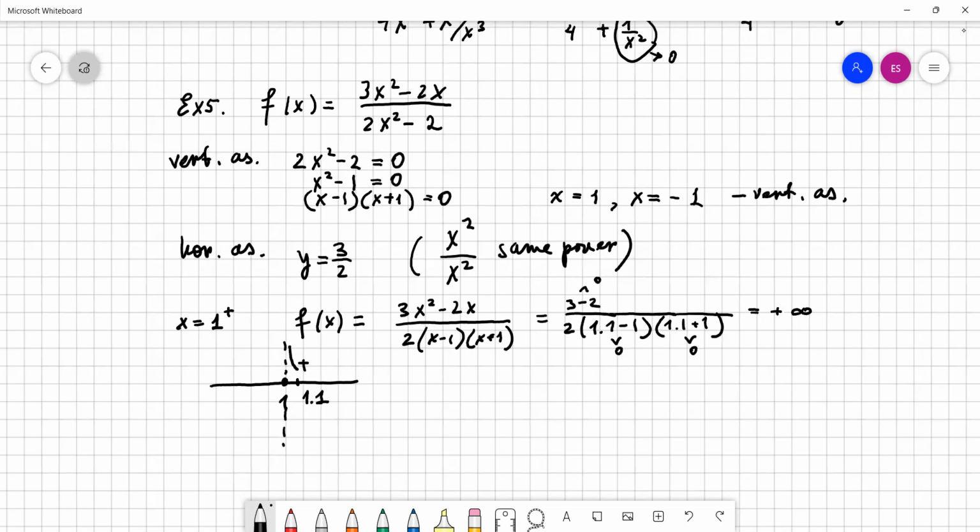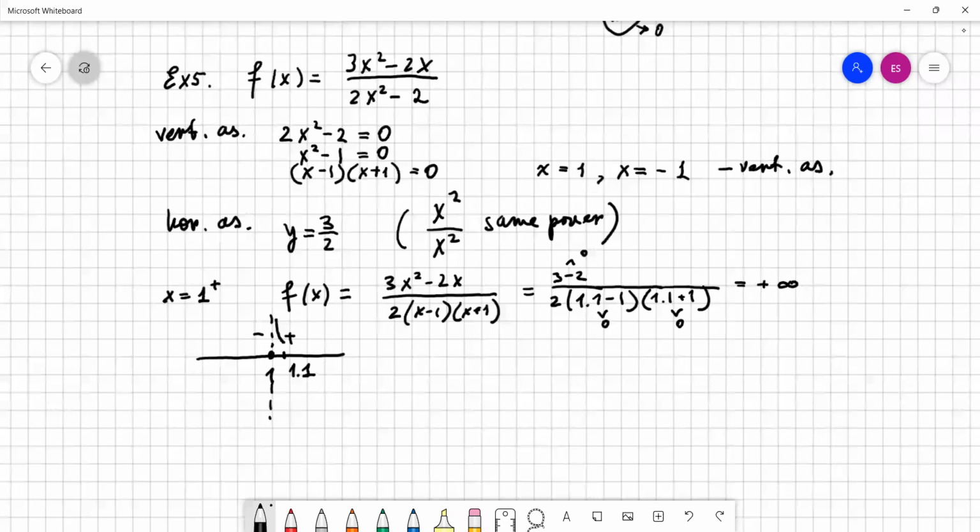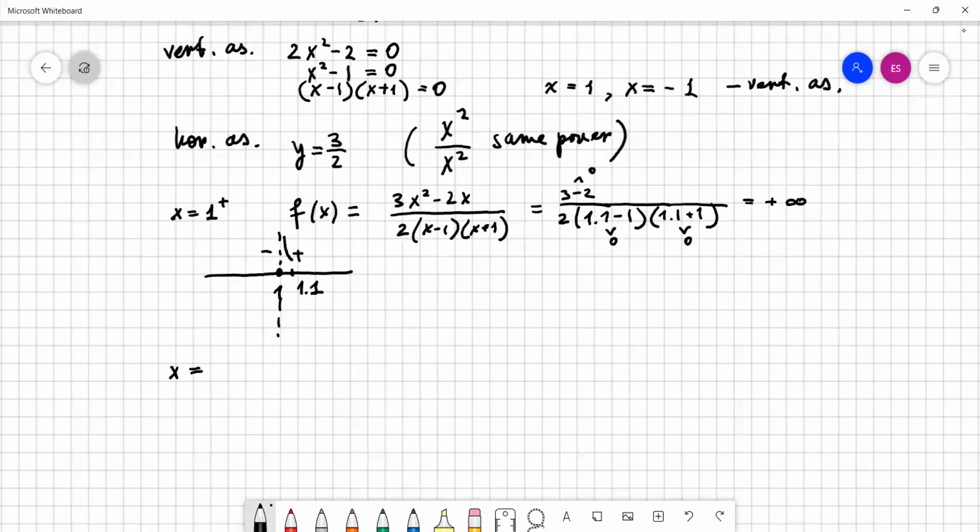Now I'm going to check 1 on this side. So x will approach 1 minus. Well, the numerator is the same, so I'm going to just use 0.9 here, but you don't need to put 0.9 over here. It's just going to be 3 minus 2.